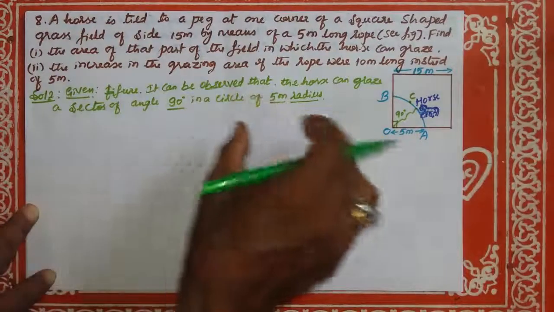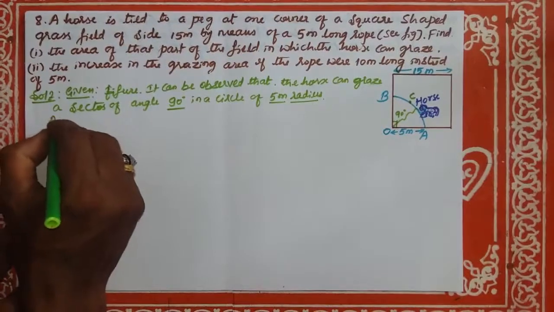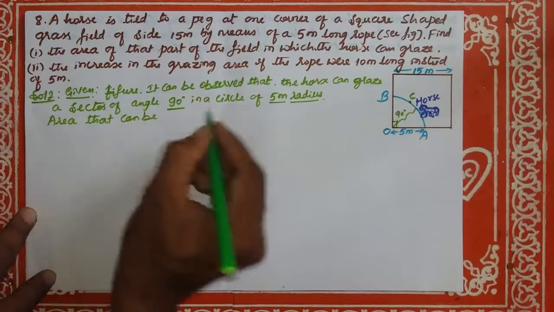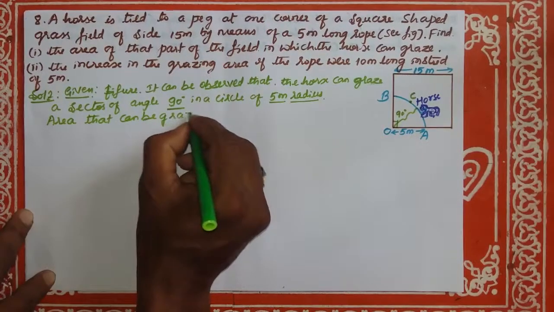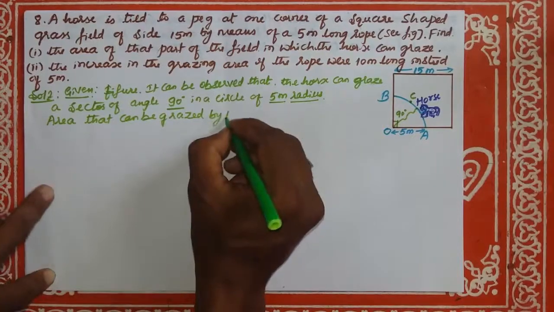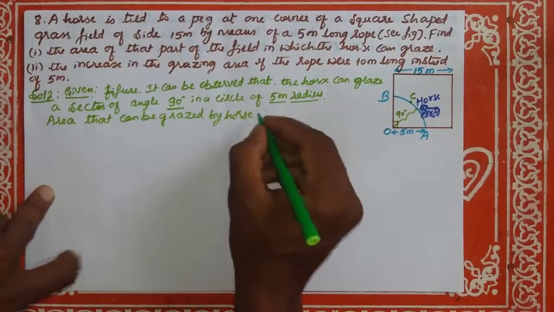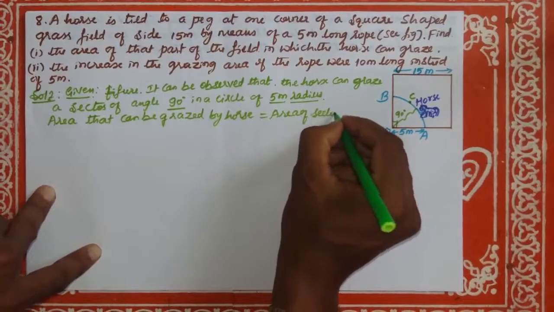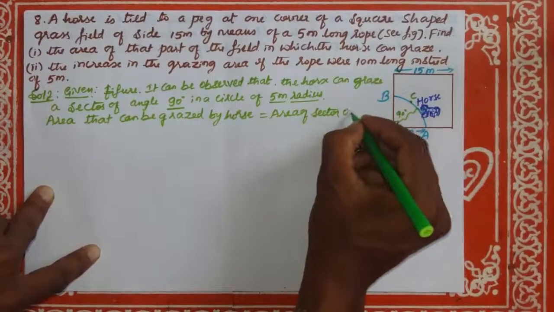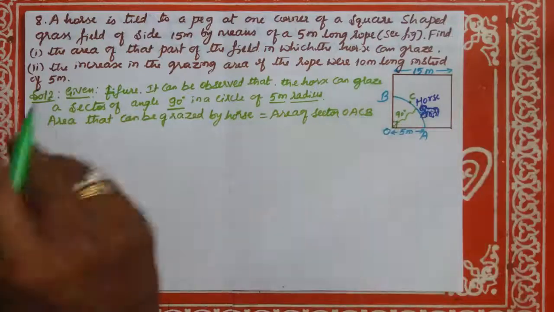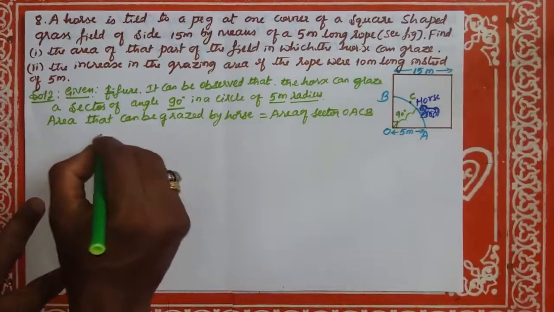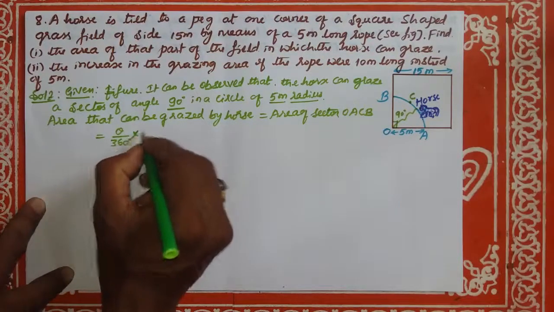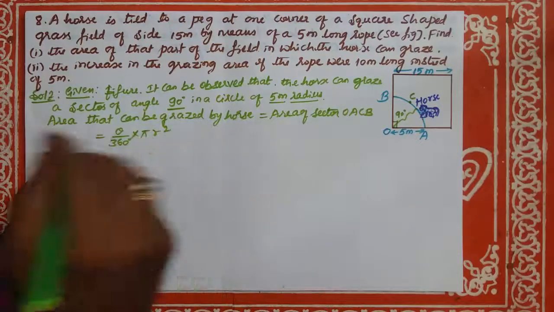Area that can be grazed by the horse is equal to the area of sector OACB. We know the formula, theta divided by 360 into pi r square.